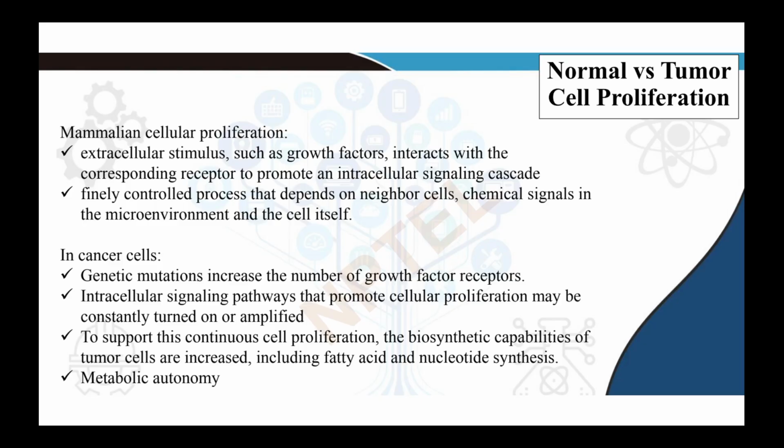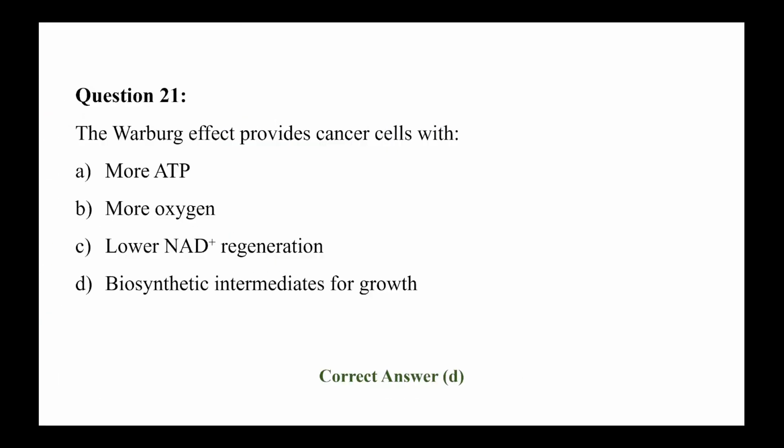So, the different intermediates that are formed during glycolysis. Basically, glycolysis starts from glucose, right? So glucose will form glucose 6 phosphate. Now you know glucose 6 phosphate can enter the HMP shunt pathway.